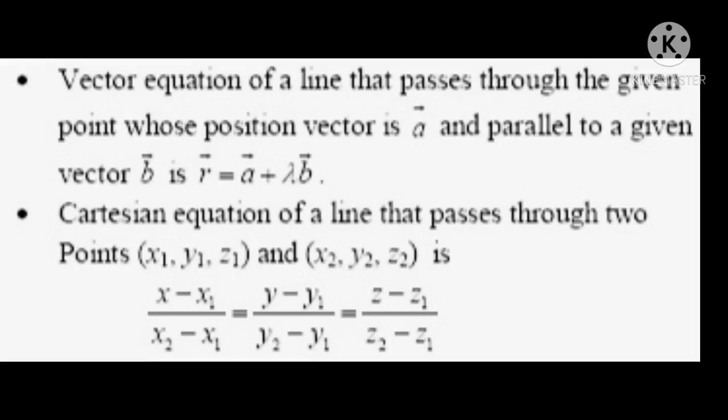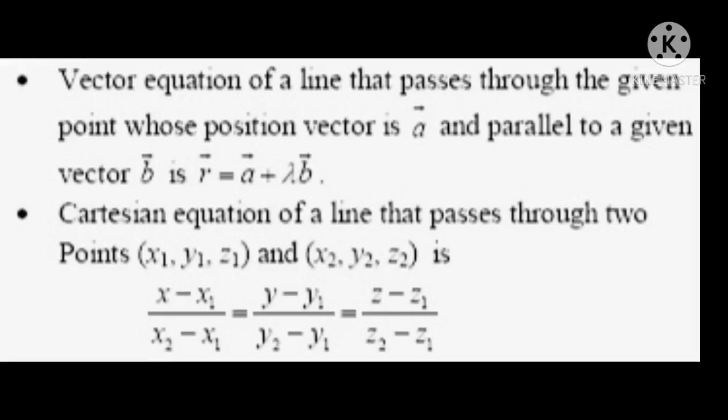We are making a vector equation for a line in 3D geometry, that passes through a given point with position vector A, and must be parallel to the vector B. So these two vectors, A vector and B vector, are used to make the vector equation of a line.